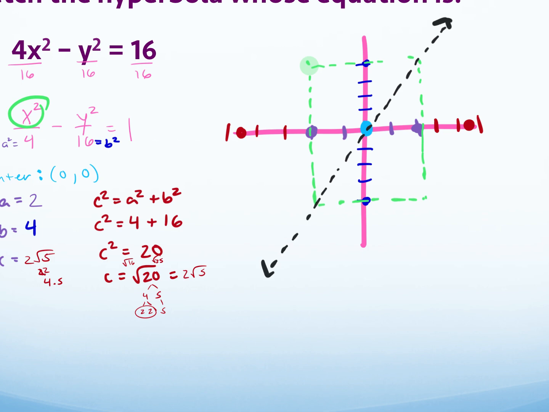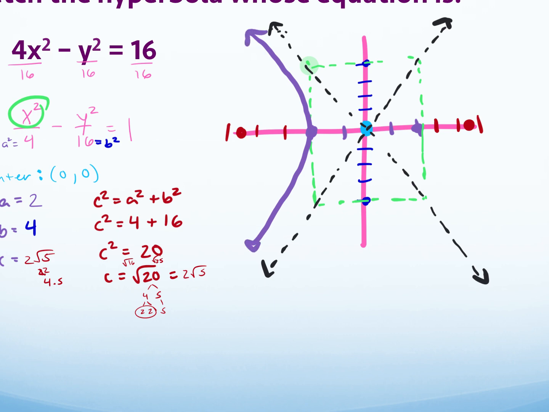So tomorrow we'll talk about our formula for how to come up with the equation of the asymptotes, but right now we just need to know how to draw them. So those would be our asymptotes. Now our hyperbolas, when we draw those, they go through the vertex, but just hug the asymptotes. They get super close to the asymptotes, but don't cross.